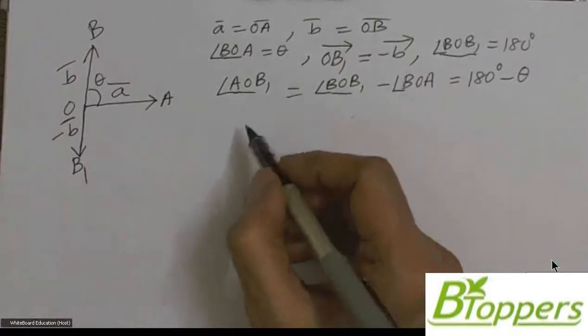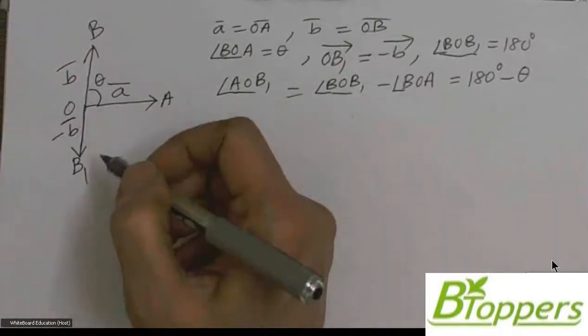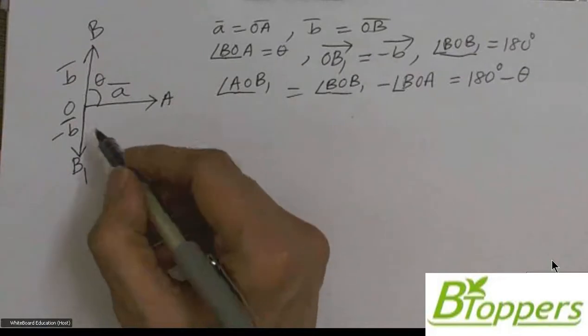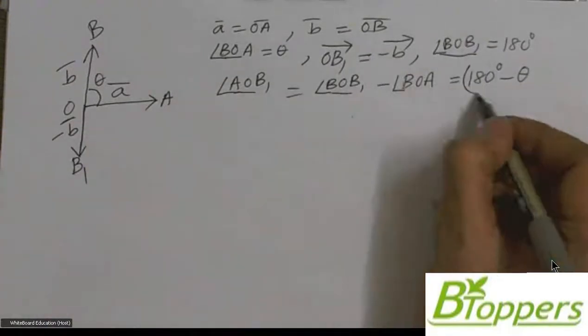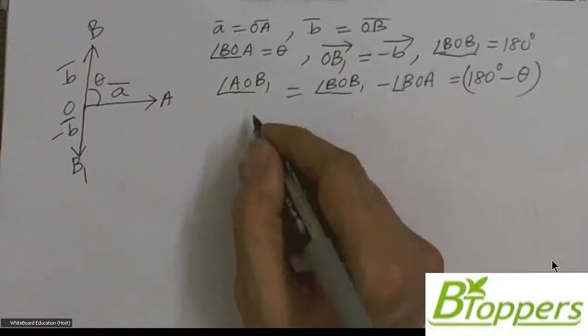So if theta is the angle between the vectors A bar and B bar, then the angle between the vectors A bar and minus B bar will be equal to 180 degrees minus theta.